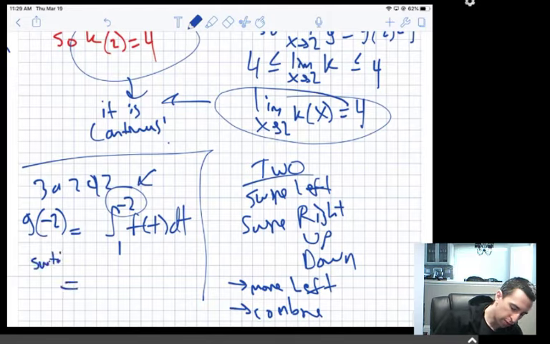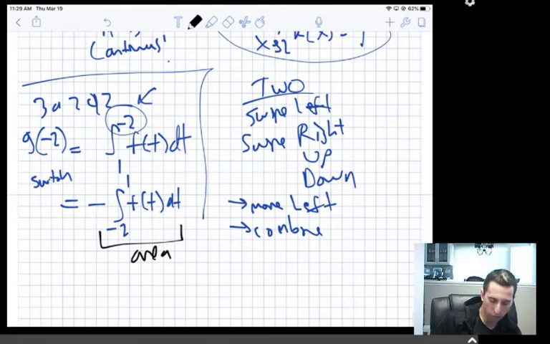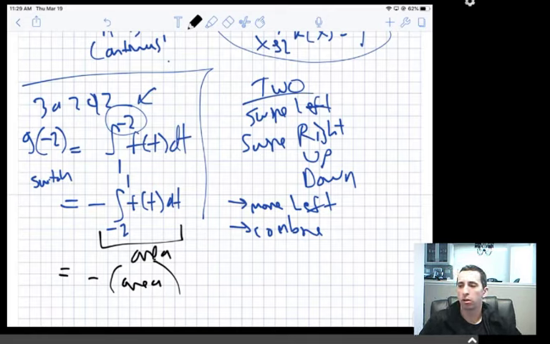So switch this to be negative integral from -2 to 1 of f of t. That way, when you think about this as an area, and you find this area by thinking about the triangles or whatever, you just find that area and then multiply it by the negative. Yeah, you do need to change the bounds there. That's how I do it, but that's probably how you want to consider it.